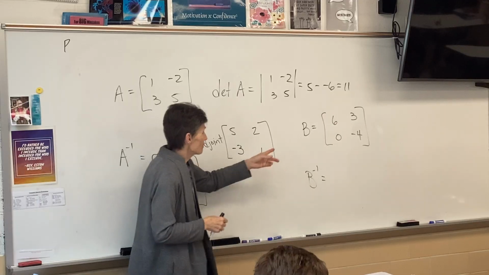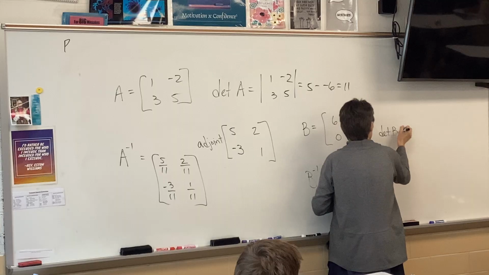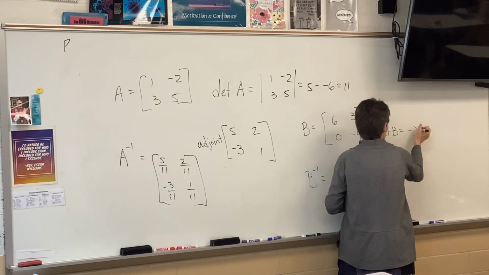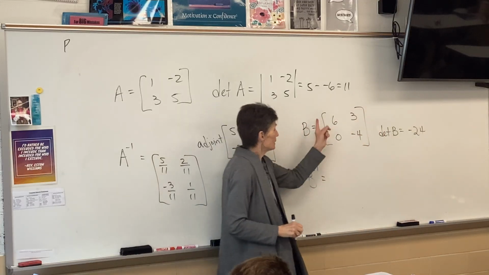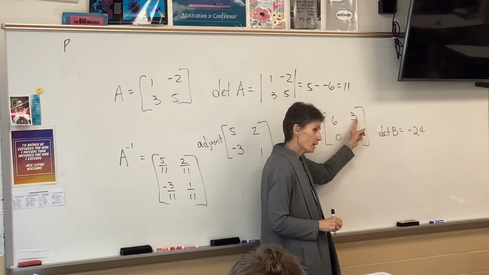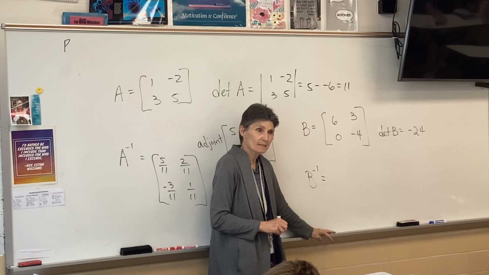Here we go. Find the determinant. What is the determinant of B? -24. Multiply, subtract. -24 minus 0.